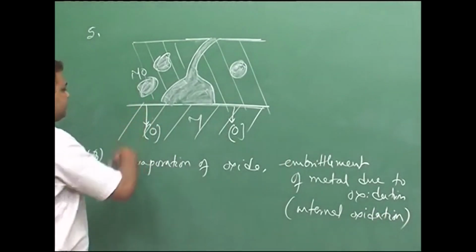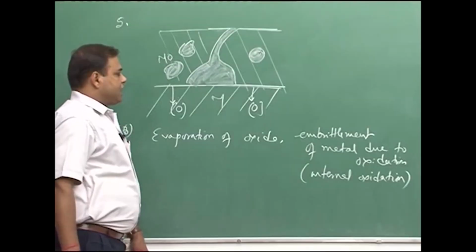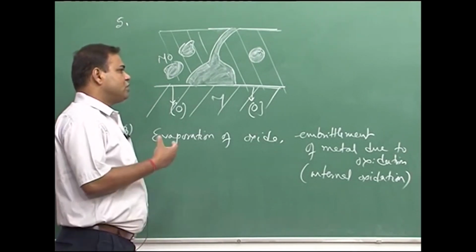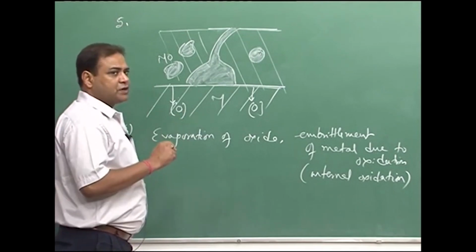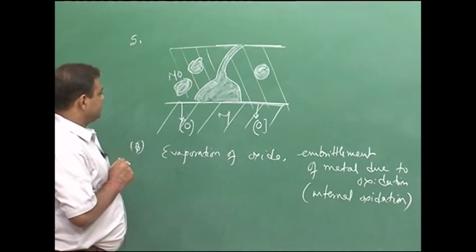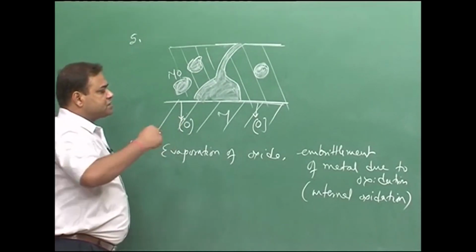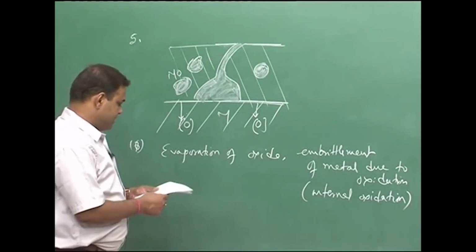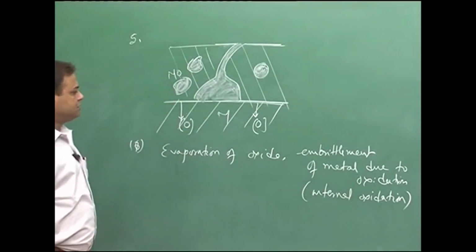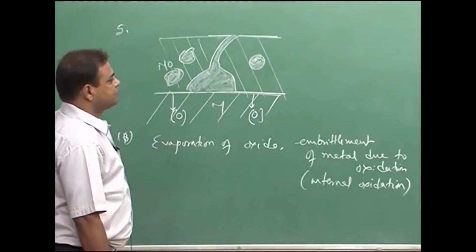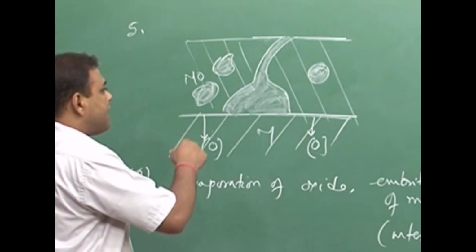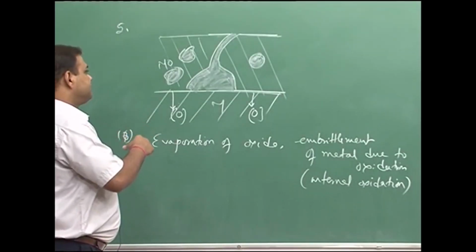Sometimes the oxygen diffusion would be so fast, maybe if the oxygen is diffusing in through the grain boundaries, which are generally the open space region. In that case internal oxidation can take place, and that might lead to an embrittlement effect of the metal. So, these are the series of events which take place sequentially.